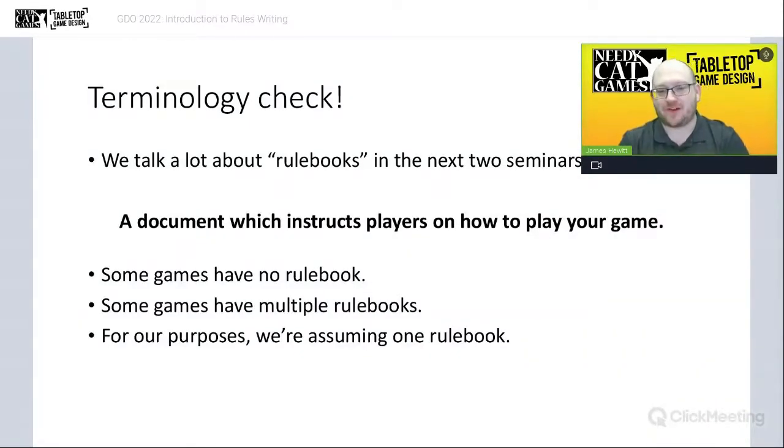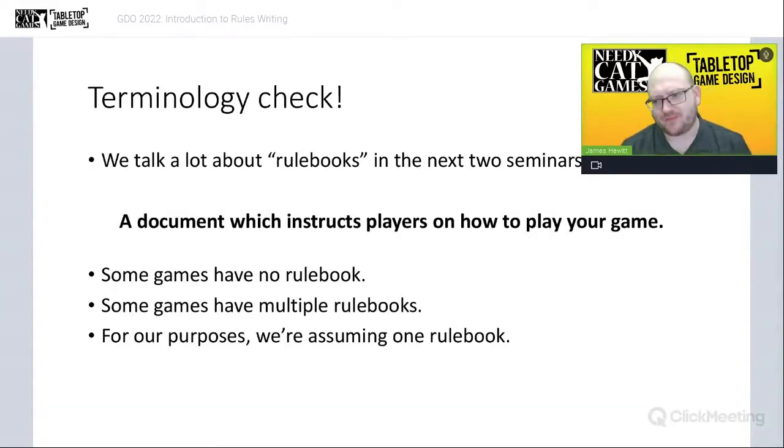Little terminology check. I'm going to talk about rule books a lot over the course of this and the next seminar, and I just wanted to be clear what I mean by that: a document which instructs players on how to play your game. Board games are vast and diverse: board games, card games, role-playing games, all sorts of things. Any tabletop game probably has some sort of rule book, some sort of documentation.